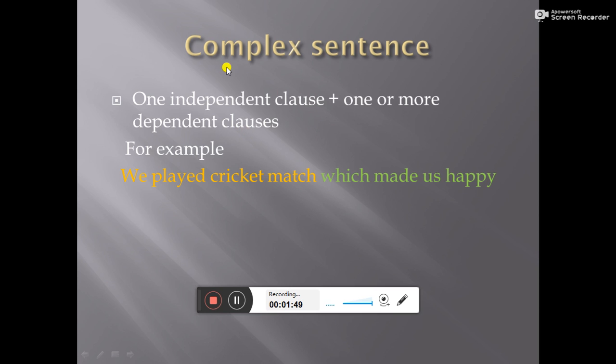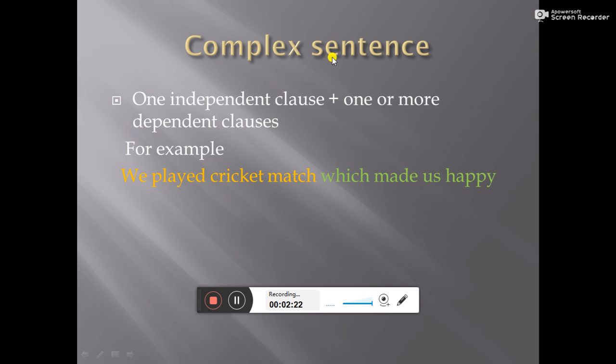Now, if you compare this complex sentence with the previous two types, in the first type we talked about only one clause, only one idea. Then in the second one, that is compound, we discussed only the existence of independent clauses. There was no dependent clause, but here in the complex sentence you can see the existence of dependent clauses.